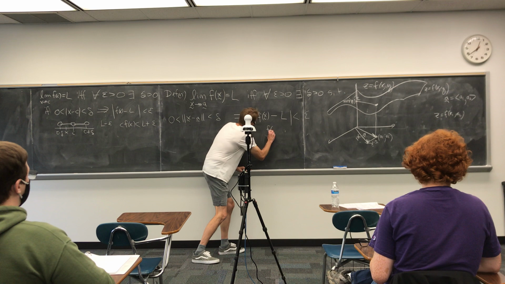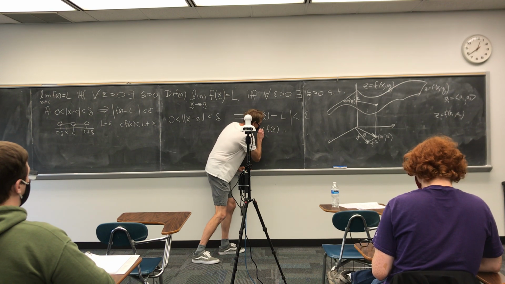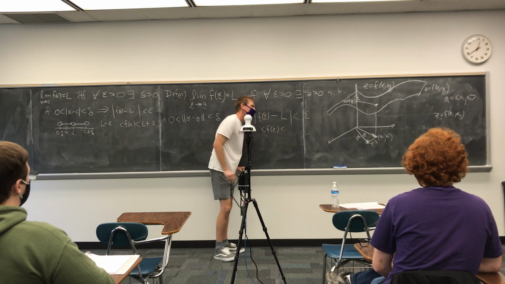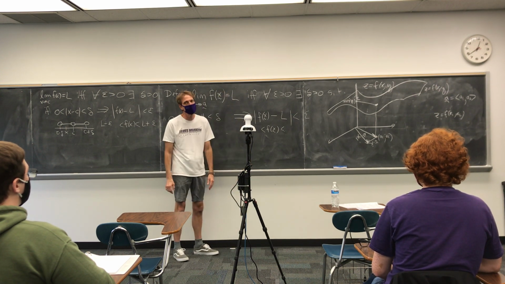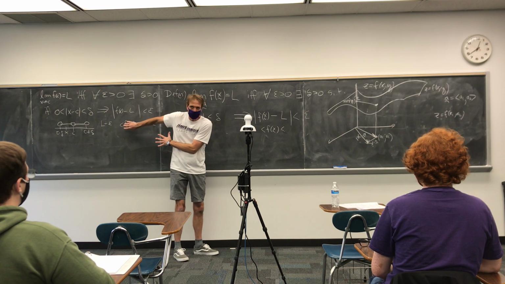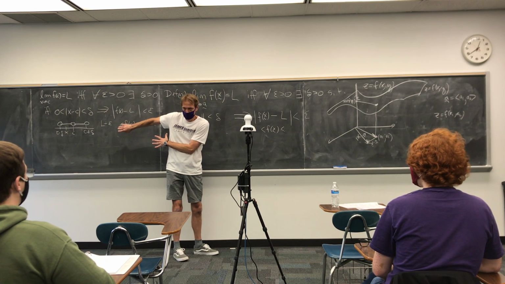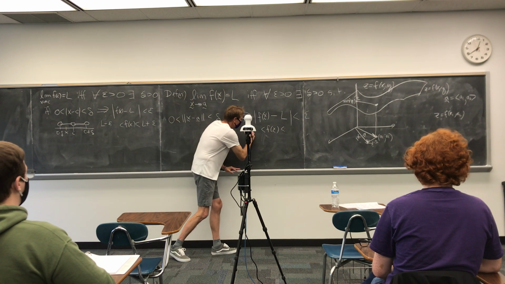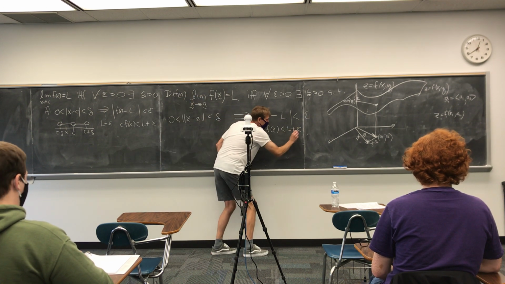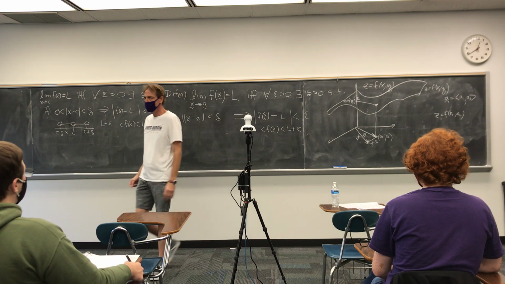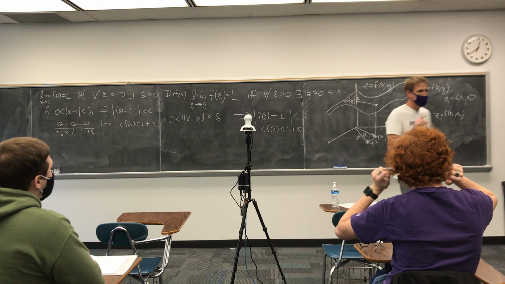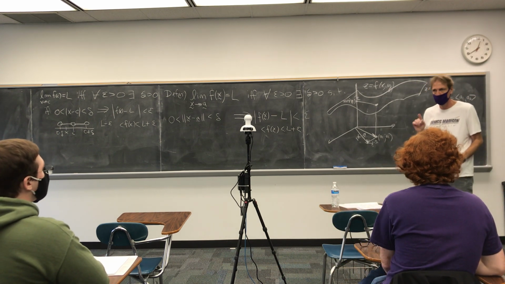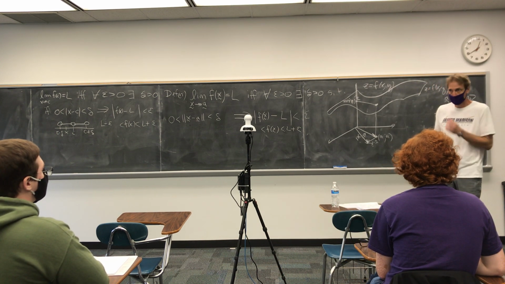This would mean f of x is between what two numbers? L minus epsilon and L plus epsilon. So graphically, L plus epsilon and L minus epsilon are where on the figure? On the z-axis.